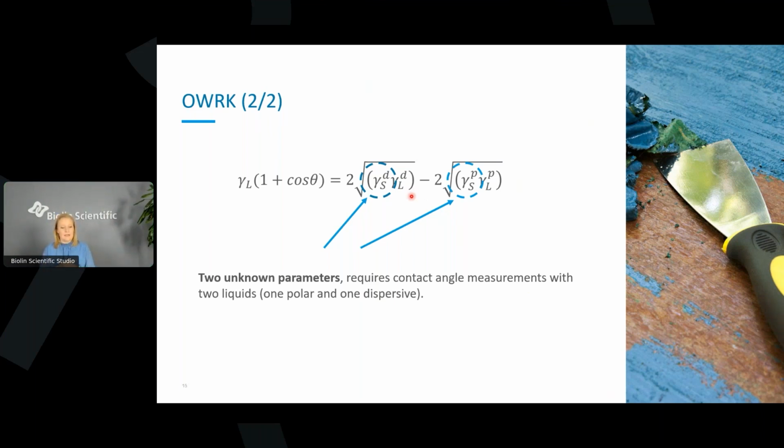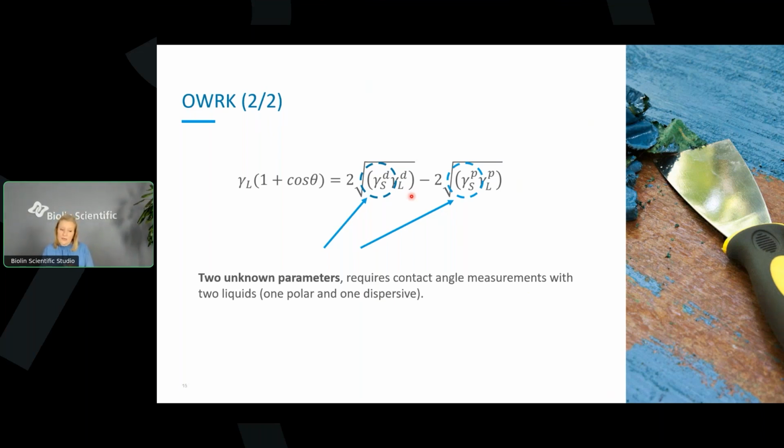And again, to solve this equation, we have two unknowns, so we need to be able to measure the surface with two liquids with known polar and dispersive components to solve this equation. And again, it's very common that you can find these types of polar and dispersive components of many of the liquids in literature.